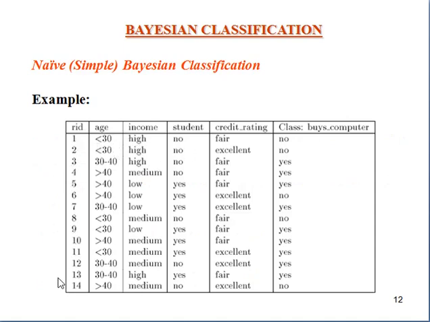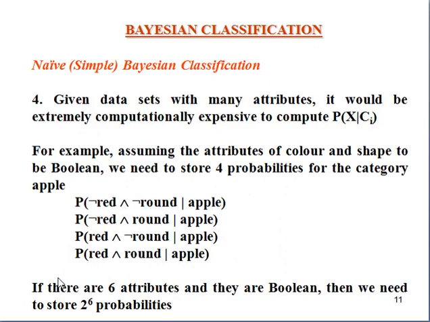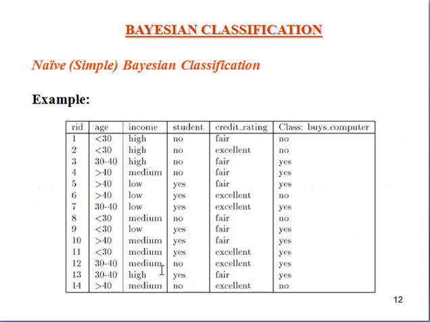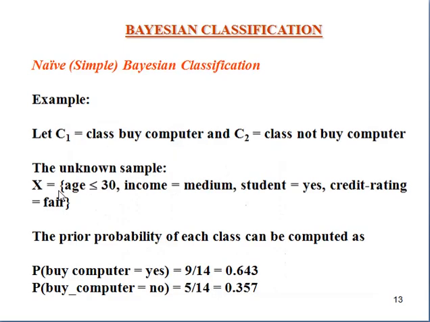So you can say that these are the total number of records in our data set. And now out of these 14 records, there are a total of 9 records which result in yes, right? So if you count this here, you will see that the probability that the individual will buy a computer, equal to yes, will come to be 9 by 14.